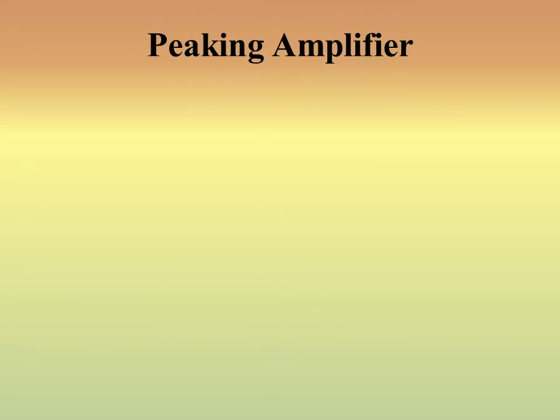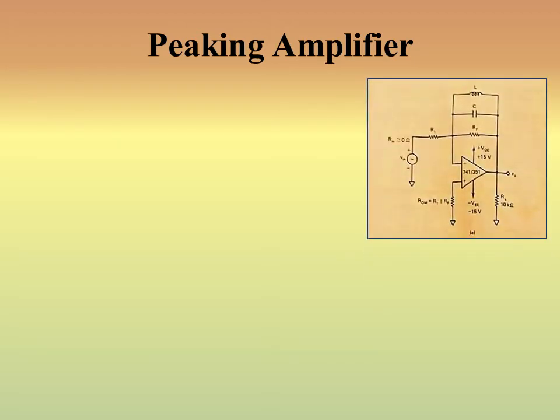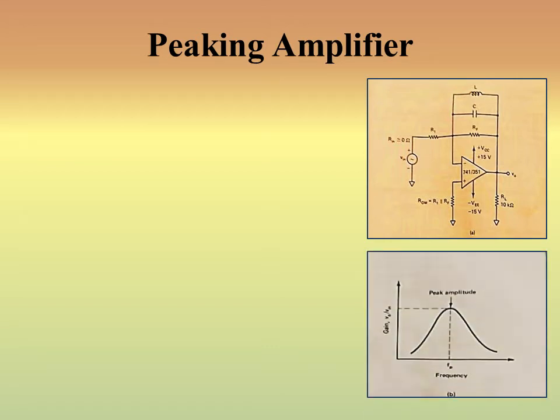Now the next application is the peaking amplifier. What is the peaking amplifier? Basically, the peaking amplifier is an amplifier that provides a peak signal. Now what is a peak signal? See here, if we require something like this, a peak at a particular frequency, then this type of circuit can be used.